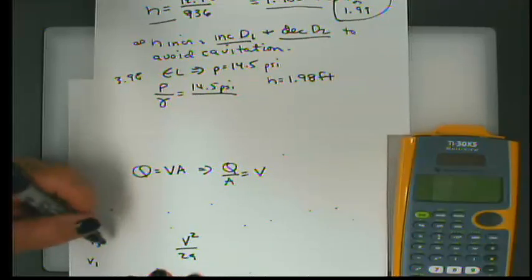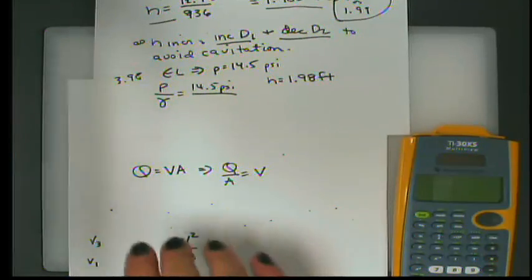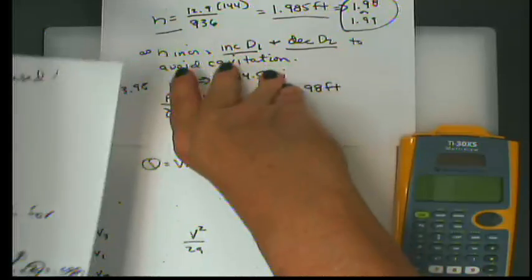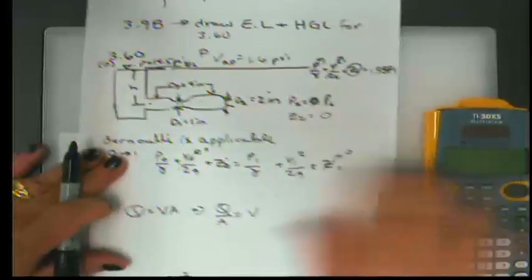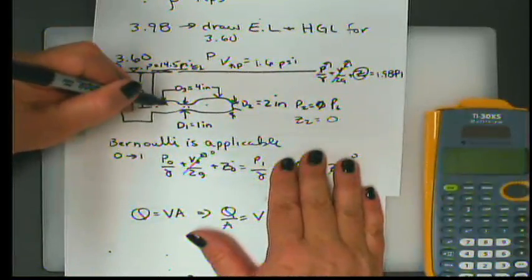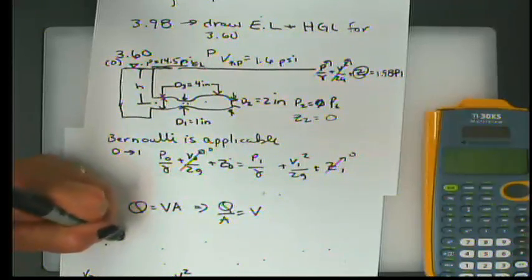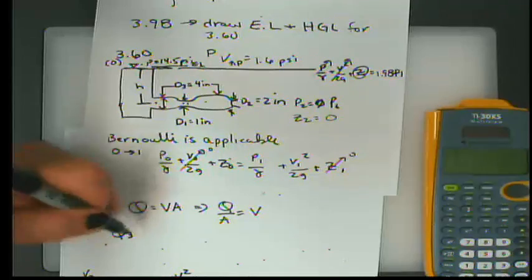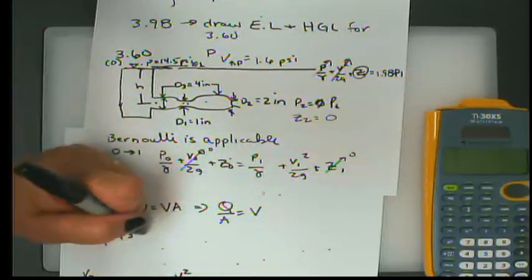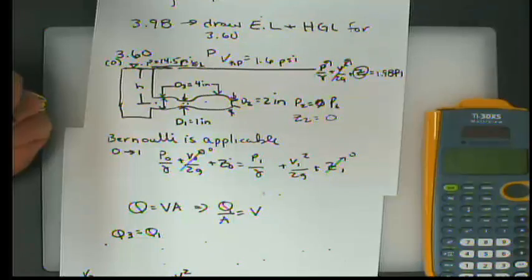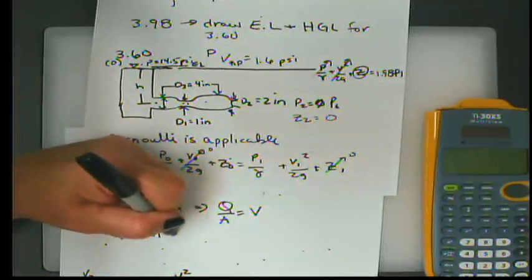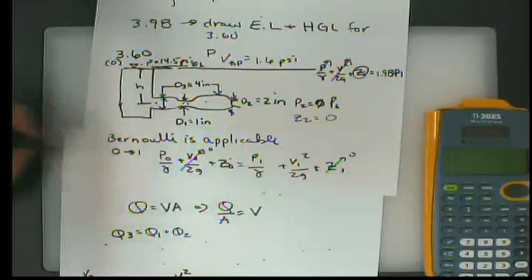Here in 3, I wish I could keep this picture up here while I'm doing this. There's too much stuff. Okay. The Q in both of them is the same, so we can say Q in part 3 is equal to Q in part 1 plus Q as it exits at 2.